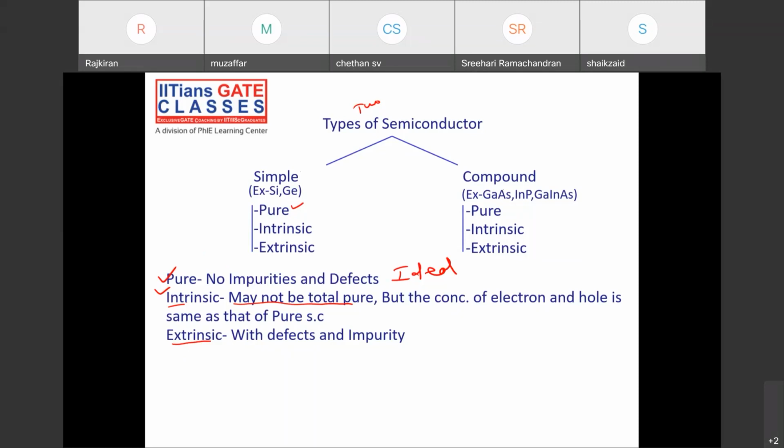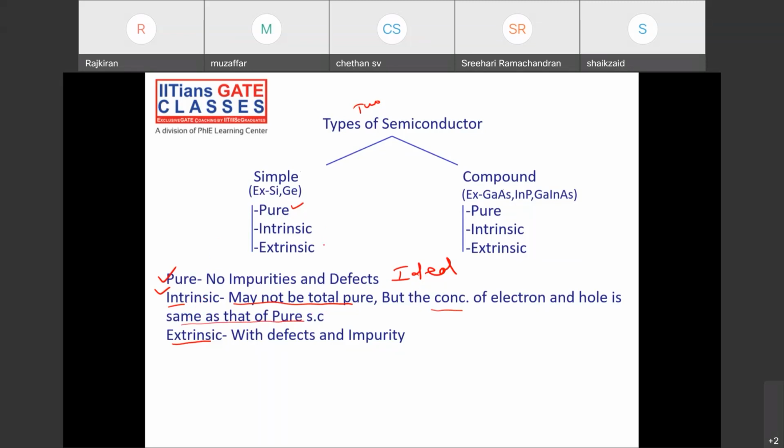It's completely perfect, all atoms arranged in a particular way, like building a model in a computer. In real life, when you get a wafer or semiconductor, it has some impurities. So an intrinsic semiconductor is not totally pure. It has some impurities, but the concentration of electrons and holes of this intrinsic semiconductor is the same as that of a pure semiconductor. Getting this meaning?